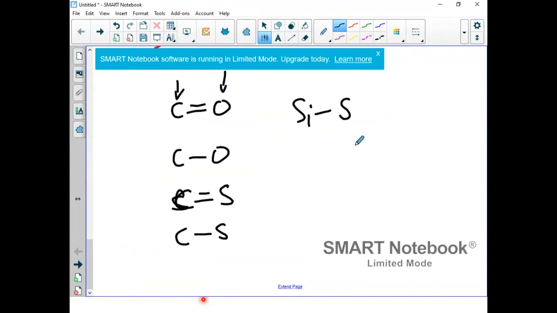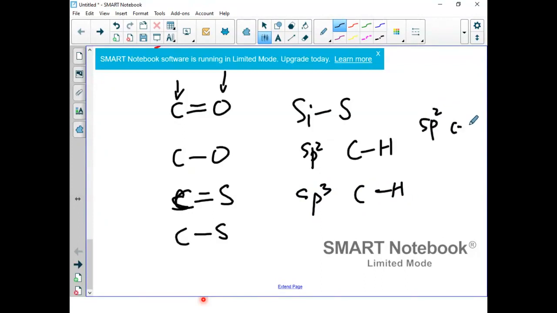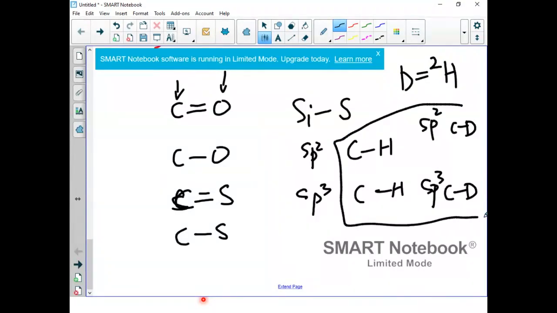Similarly, let's say you have sp2 C-H, sp3 C-H, sp2 C-D, and sp3 C-D, where D is equal to H2. Out of those four bonds, which one has the highest stretching frequency, and which one has the lowest stretching frequency?